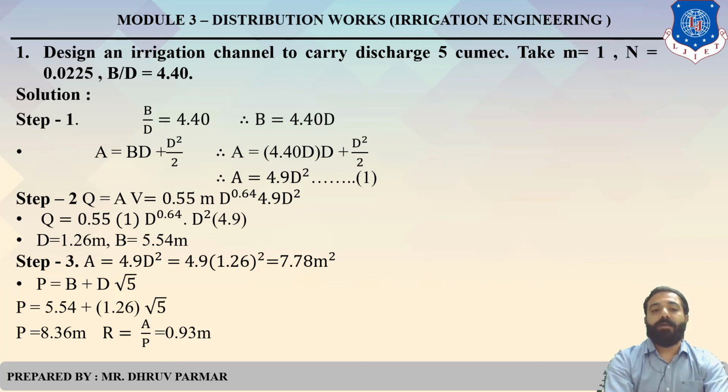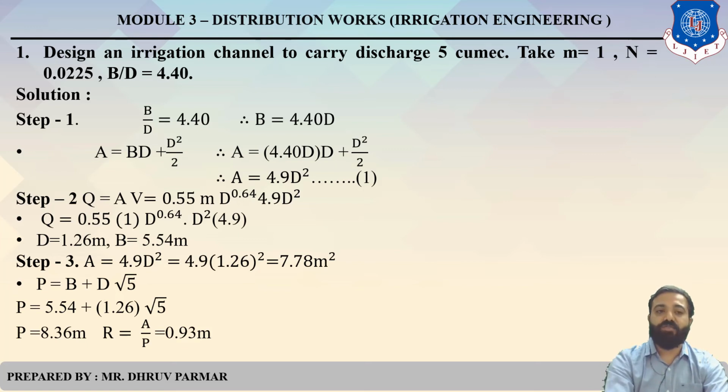Then step 2: find the dimensions. Q equals area into velocity. The formula of area is in equation 1, and the formula of velocity as per Kennedy's is 0.55 m into D raised to 0.64. We have the value of m and the value of discharge, which is 5.